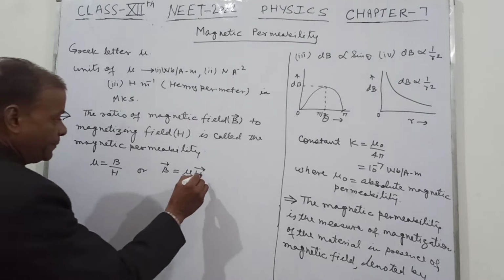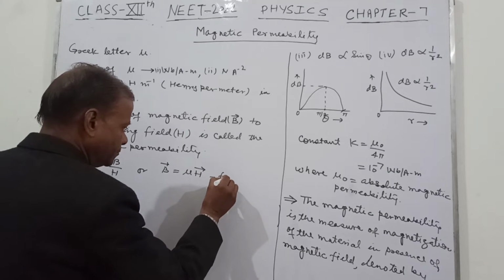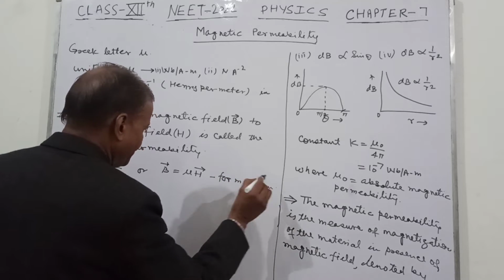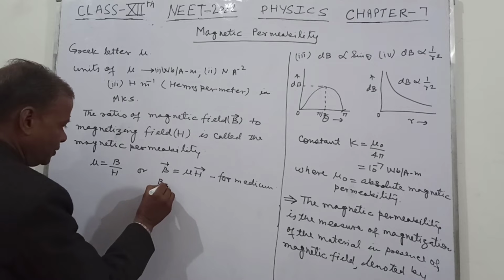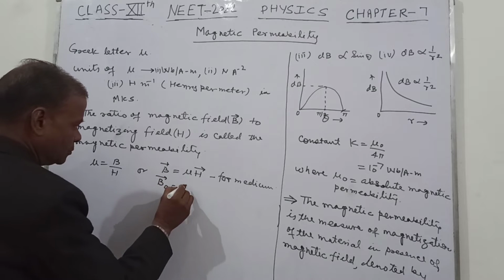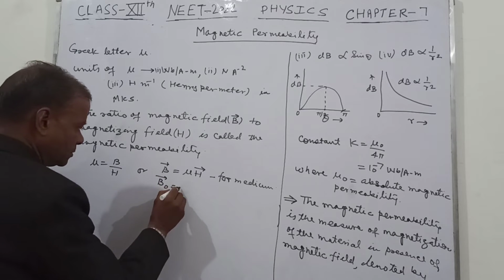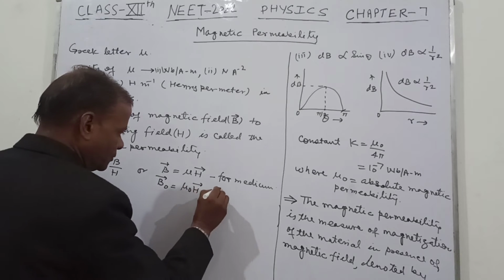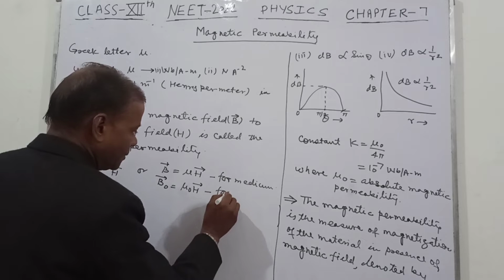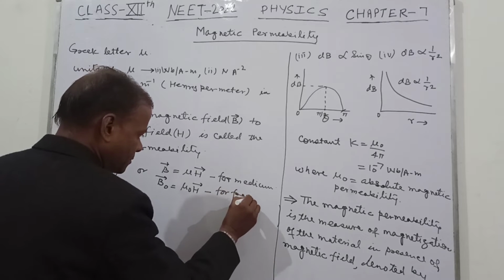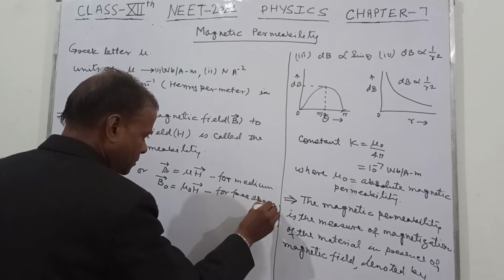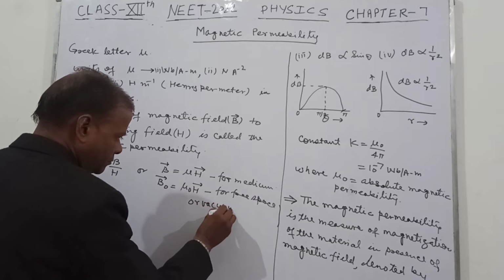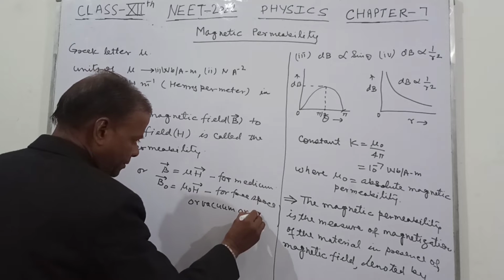So this is for material or for medium. And this is B naught equal to mu naught H. This is for free space or vacuum or air.